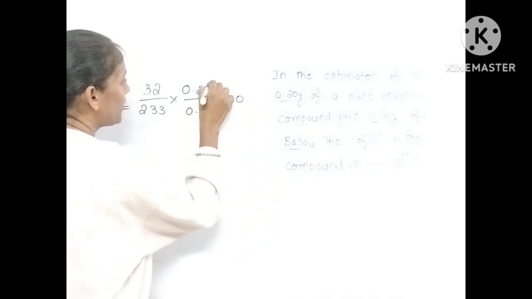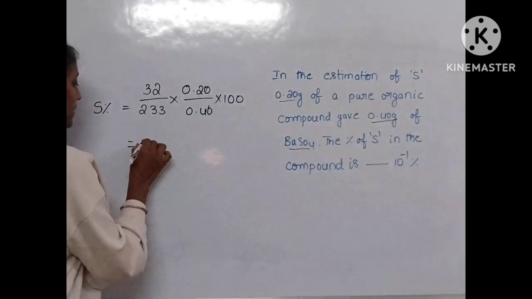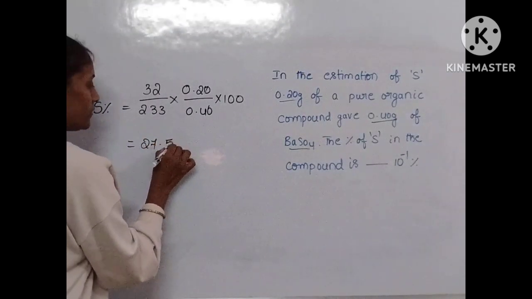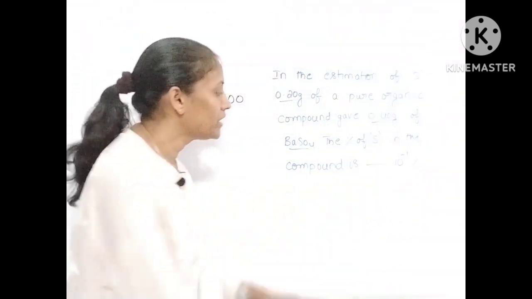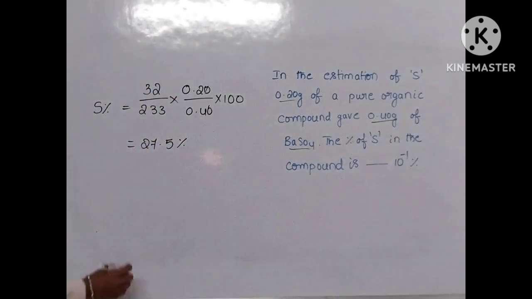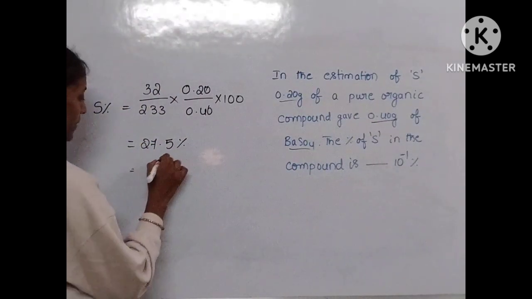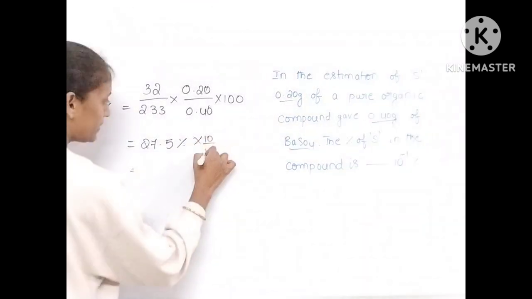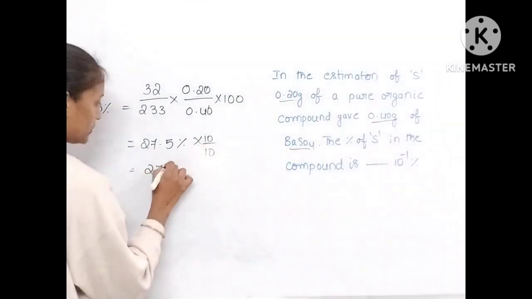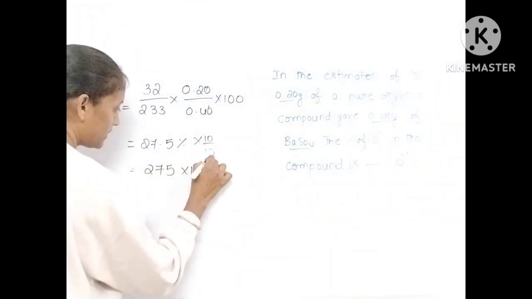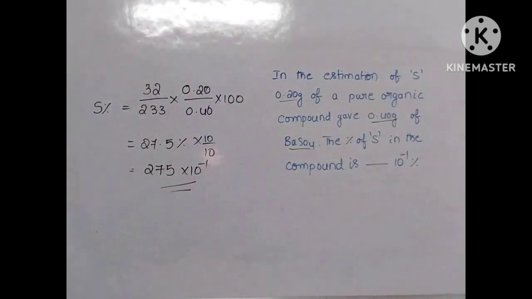If you simplify this, you will get 27.5%, but here you need to write it as an integer value. If you multiply and divide by 10, it becomes 275 into 10 power minus 1. So this is your answer.